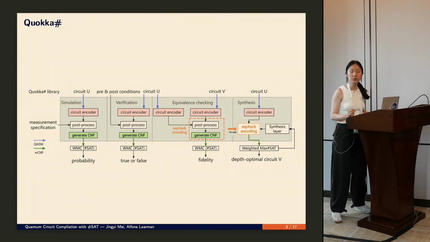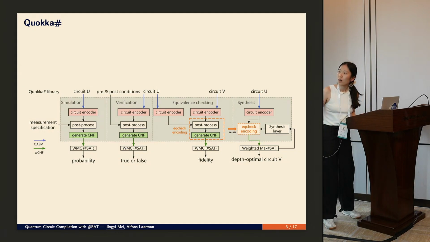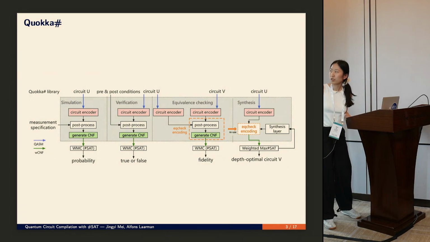And for these four functionalities, we can see that they share the same procedure here, which is the circuit encoder. And for all these functionalities, we will use the same way of encoding, which we'll show later. And then we will do different post-processing for different functionalities. And in the end, we will get the output.